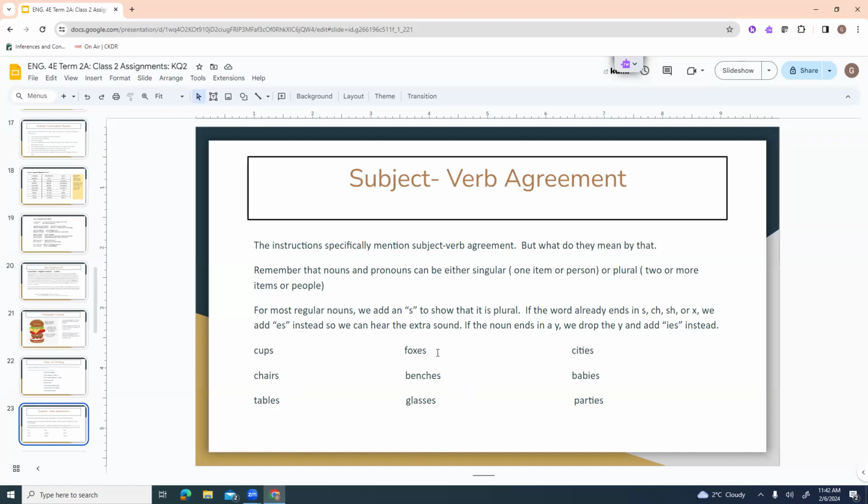So like foxes, benches, glasses. I'm kind of exaggerating to get the idea across, but you know what I mean. If the noun ends in a Y, we drop the Y and we add IES instead. So cities, babies, parties. Now, we'll go with that.